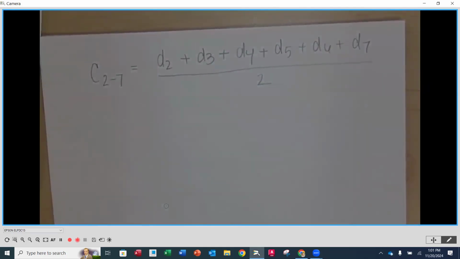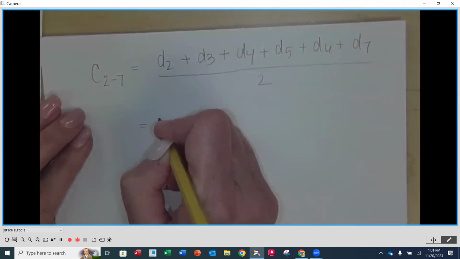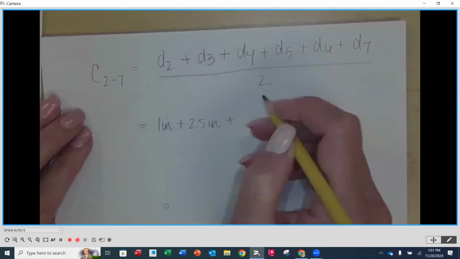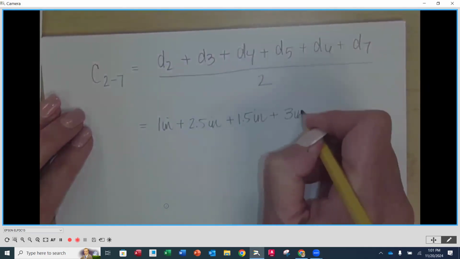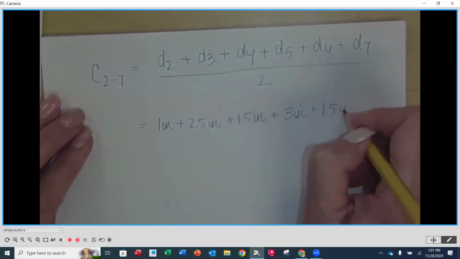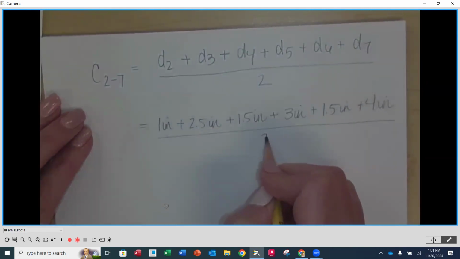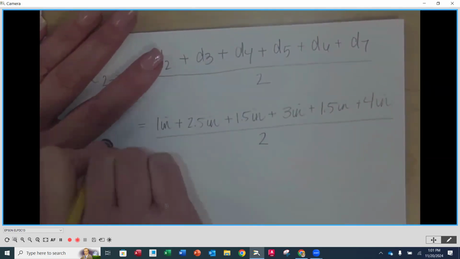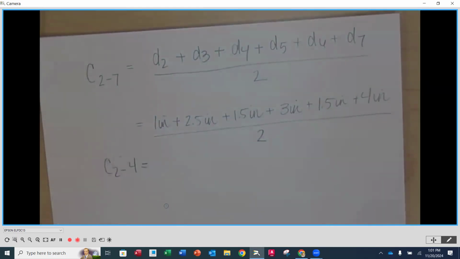So if you add up all those numbers, D2 was 1 inch plus 2.5 inches plus 1.5 inches plus 3 inches plus 1.5 inches plus 4 inches, then you're going to divide that all by 2. What do we get for a center distance?